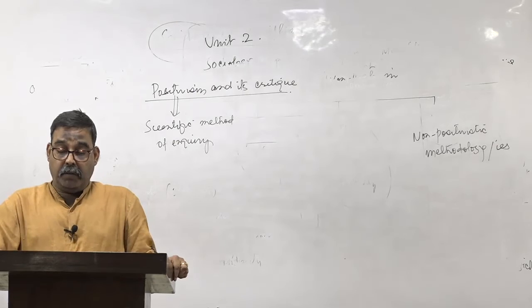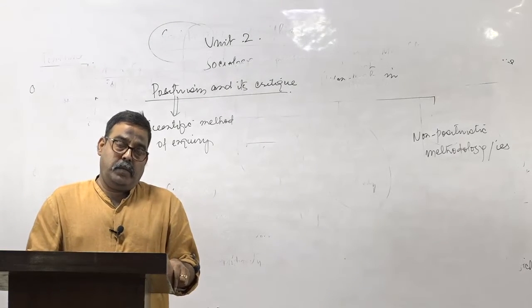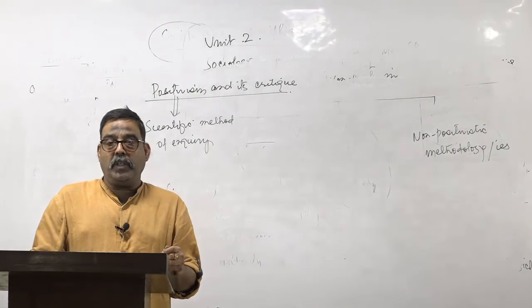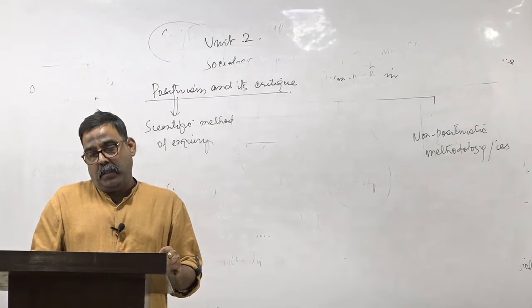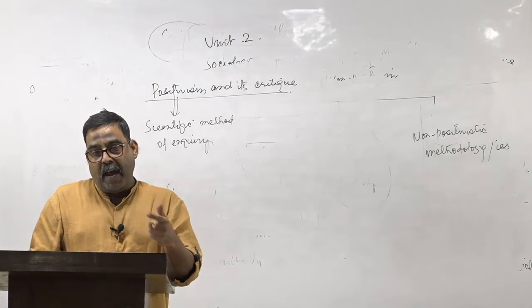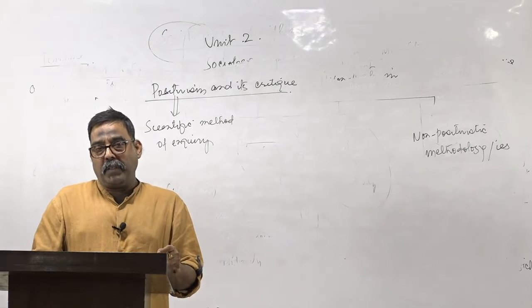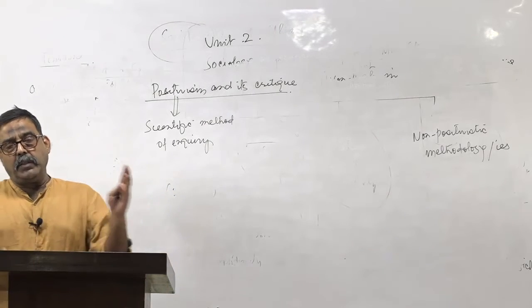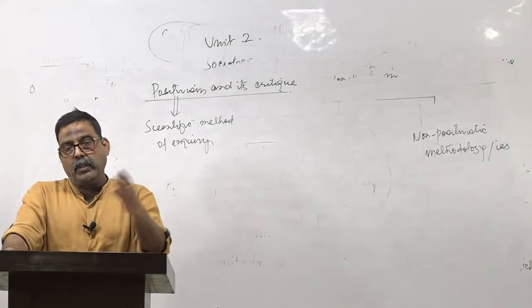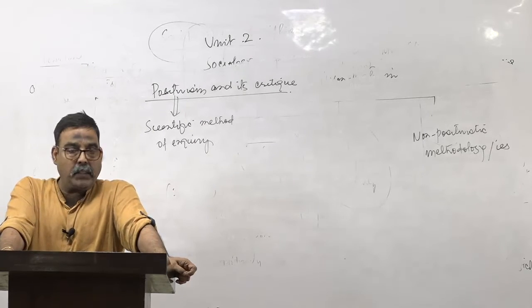Prior to this, the debate was going on that sociology does not have its own specific subject matter, sociology does not have its own methodology, human bias is there, that observation is not possible. Now this is gone. Positivism has brought this optimism, has brought this cognitive prestige to the practitioners of sociology.